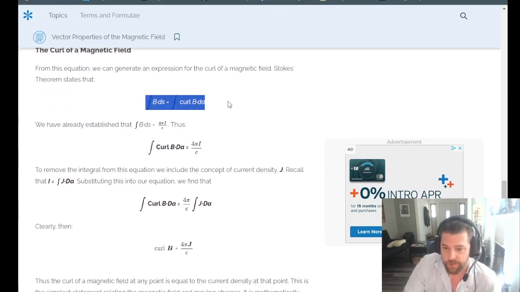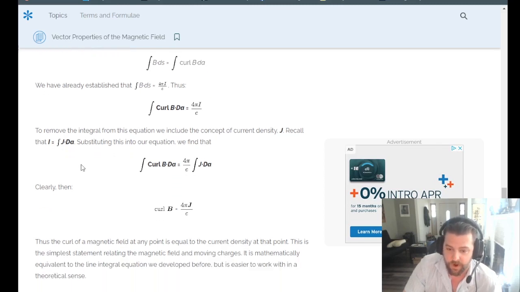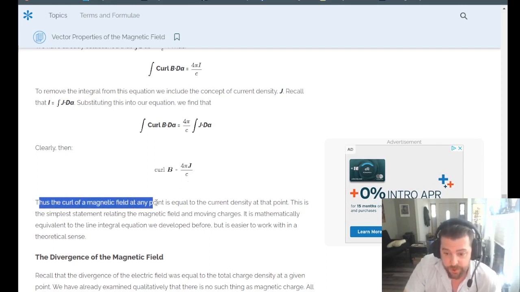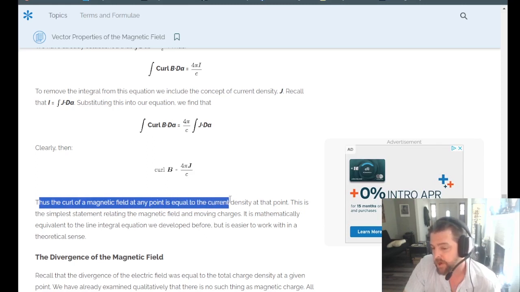Maybe it looks like a Maxwell equation right there. And they move it around, blah, blah, blah. And this is eventually where they say clearly then the curl of B, where B is the magnetic field, is equivalent to 4 pi J divided by the speed of light. Thus, the curl of the magnetic field at any point is equal to the current density at that point.